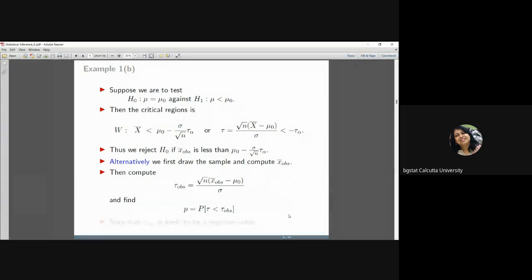Now, if we want to use the p-value approach, then we calculate x bar observed. We calculate tau observed as for the mu greater than mu naught case. The p-value is now defined as the probability of tau being less than tau observed. Because the alternative is of the type mu less than mu naught, tau observed must now lie in the left tail.